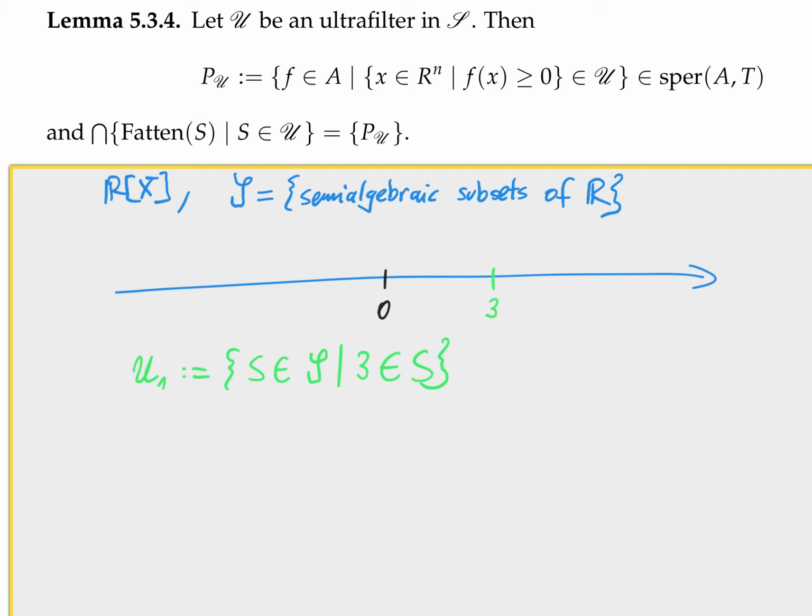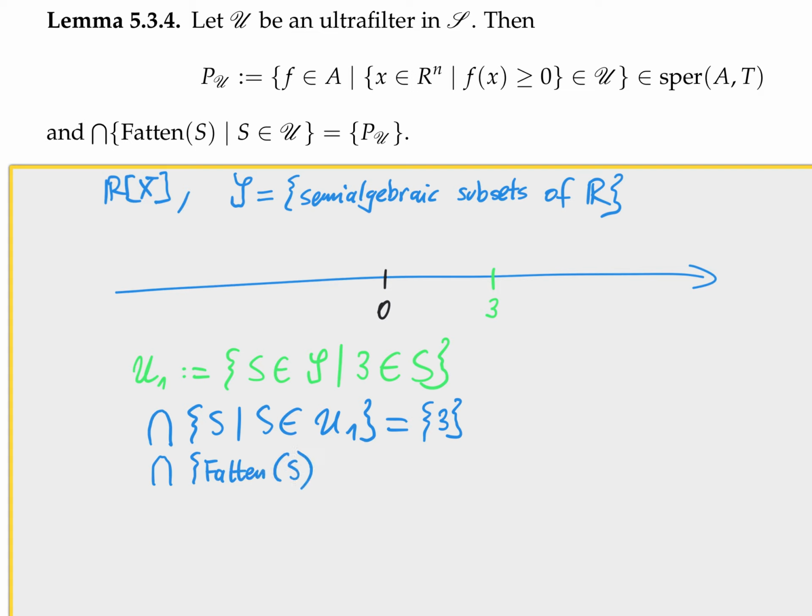Yeah, that's clearly an ultrafilter, right? And actually, in this case, it's even true that the intersection over all S with the property S is in U1 consists clearly of one point, namely 3, right?